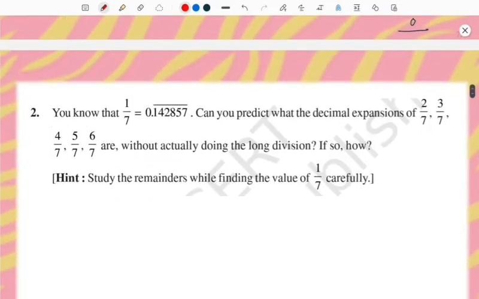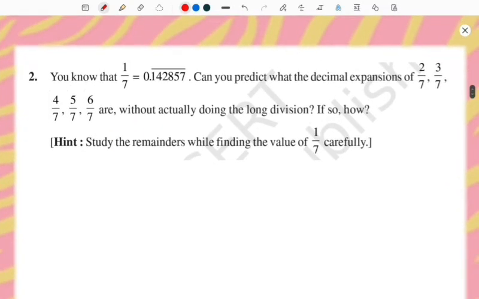Coming to the next one. Second, we have, you know that 1 by 7 is equal to 0.142857 with a bar. Can you predict what the decimal expansion of 2 by 7, 3 by 7, 4 by 7, 5 by 7 and 6 by 7 are without actually doing the long division? If so, how?